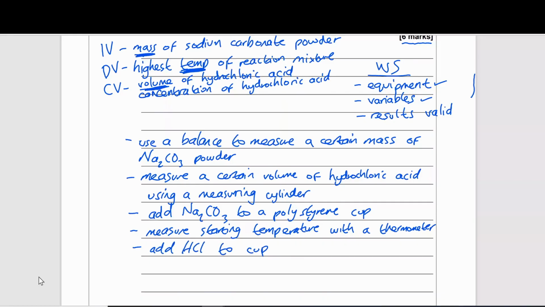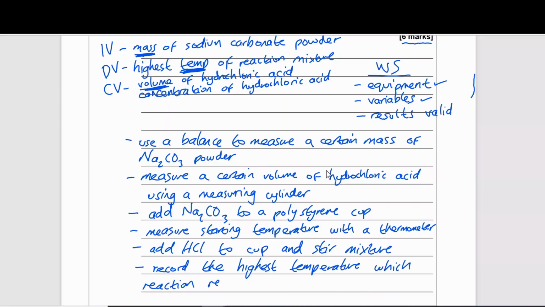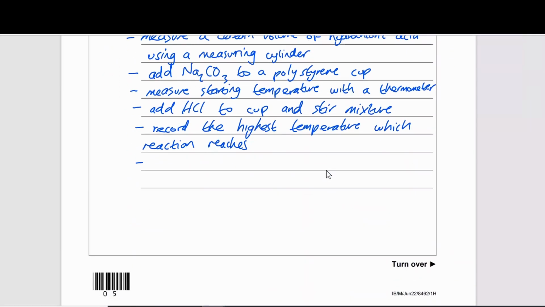What we want to do now is we want to stir the mixture. So they will definitely all of our sodium carbonate reacting with all of our hydrochloric acid. We then want to record the highest temperature that the reaction reaches. Then we can say repeat investigation with the same mass of sodium carbonate.